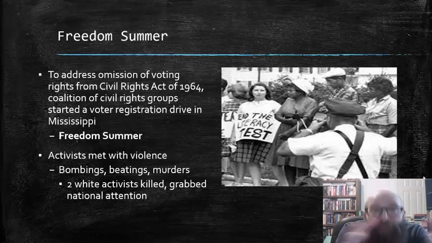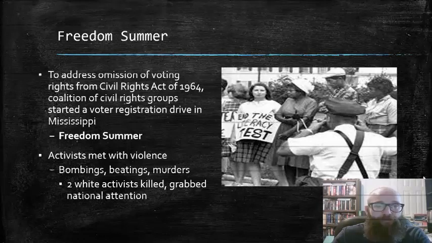To address the omission of voting rights, a coalition of civil rights groups started a voter registration drive in Mississippi, an initiative that was dubbed Freedom Summer. These activists were met with profound violence, bombings, beatings, even murders. And when 2 white activists were killed, this grabbed national attention and galvanized the movement around issues of voting rights.